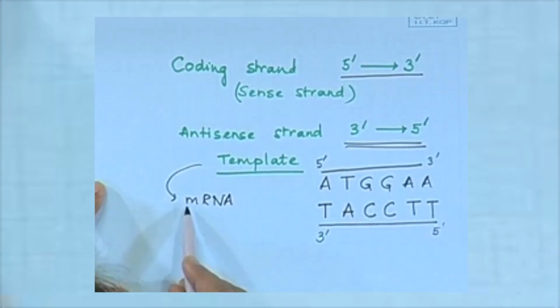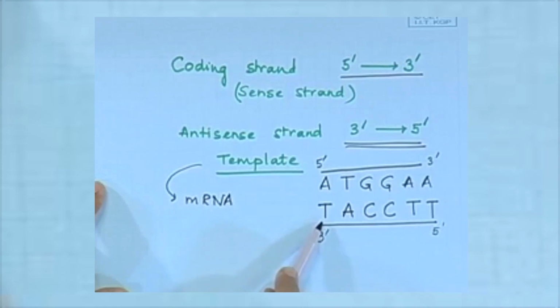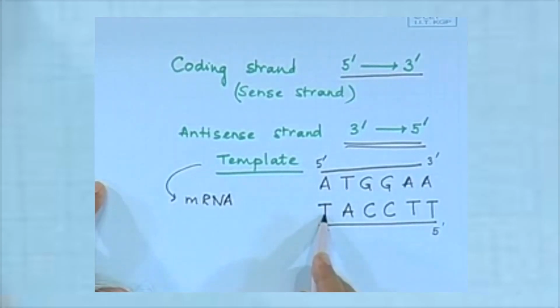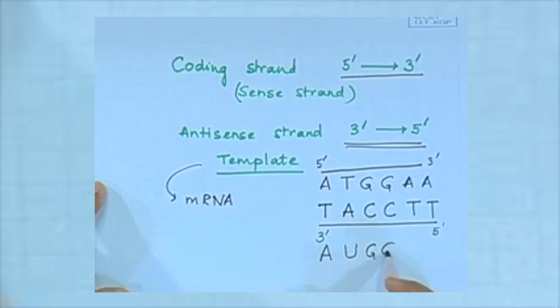Then I have my mRNA, which actually is linked to the antisense strand. So what is the code for the mRNA going to be? Because it is going to be complementary to this now. So what am I going to get? A, then U, G, G, A, right? Why U?